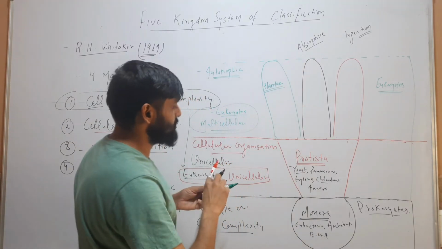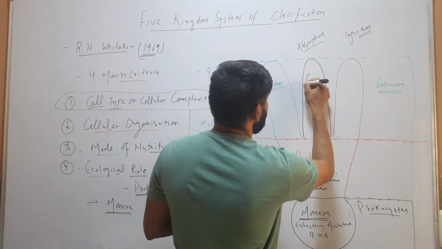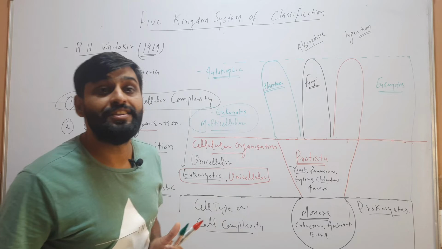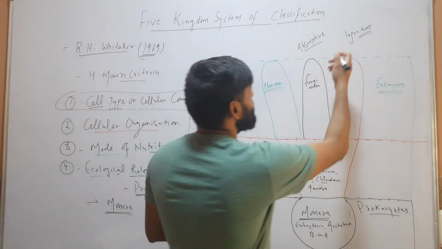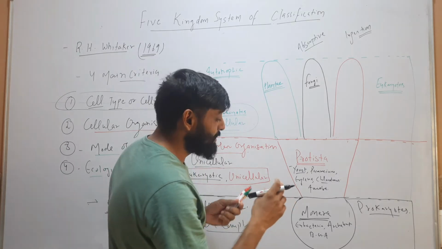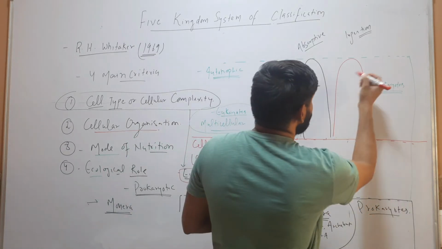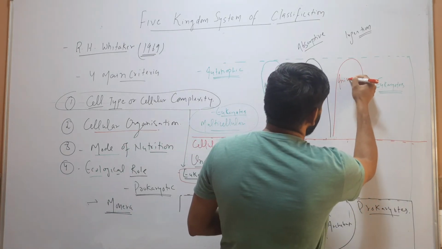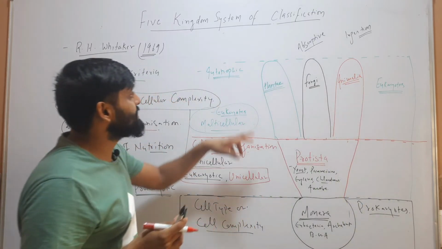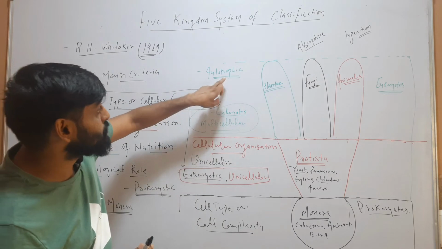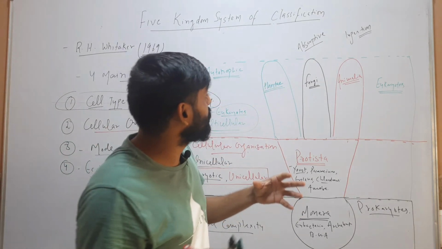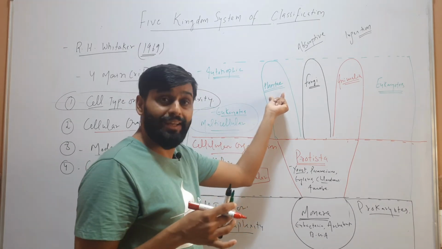Absorptive mode of nutrition is found in fungi, so it was kingdom fungi. Ingestion type of nutrition is found in animals, so its name was given kingdom animalia.